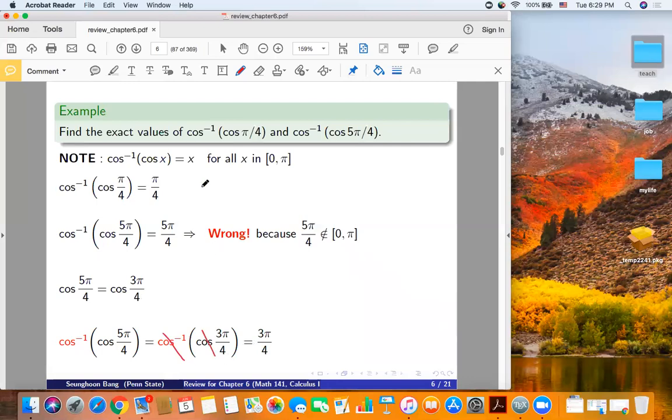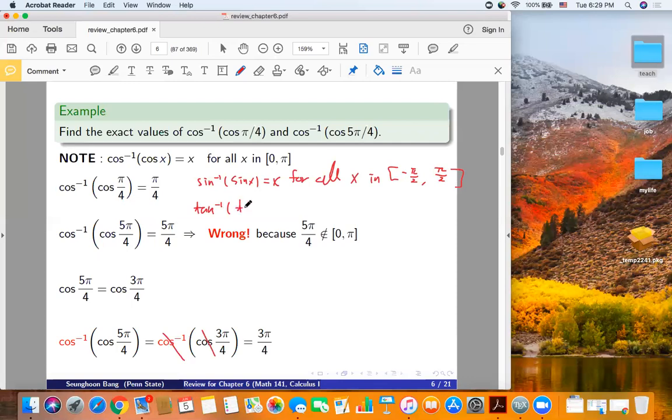So you need to know two more things. Inverse sine of sine x equals x for all x in the domain negative pi over 2 to pi over 2.